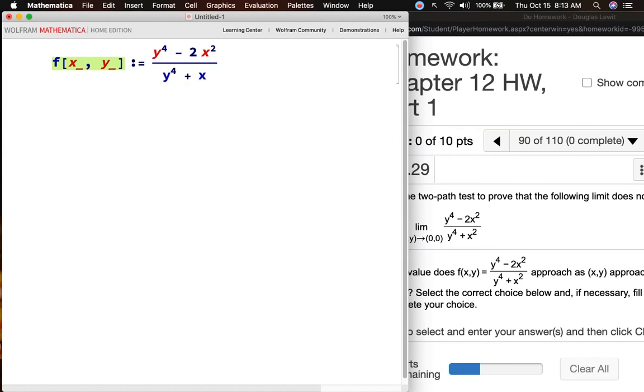I could just do caret 2, but if you want it to look prettier, you can do control 6 to the power of 2. Okay, and shift enter.